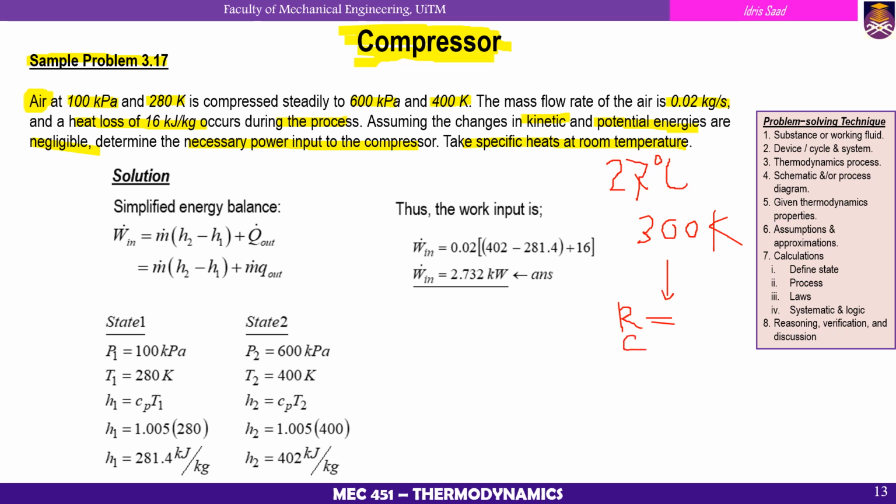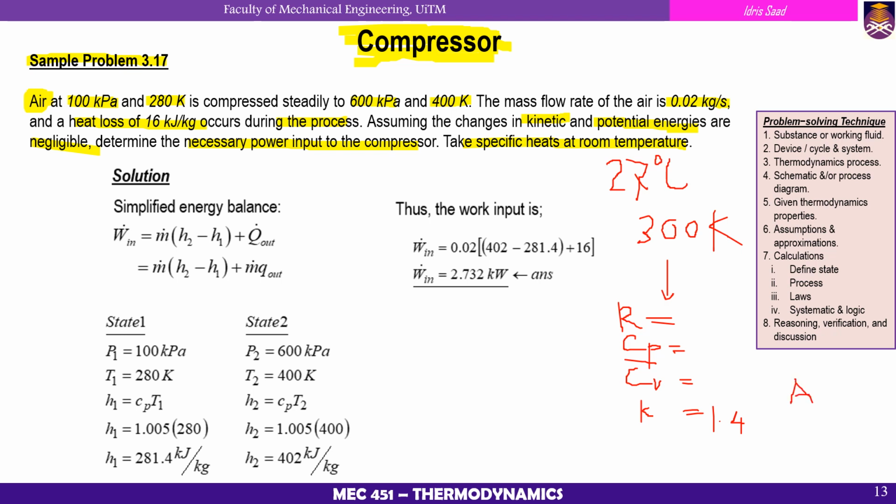The other data we need is Cp, specific heat at constant pressure, equal to 1.005 kilojoule per kilogram Kelvin, and Cv, specific heat at constant volume, with the magnitude of 0.718 kilojoule per kilogram Kelvin. And k is the specific heat ratio, Cp over Cv, equal to 1.4. This data you can refer to Table A2.